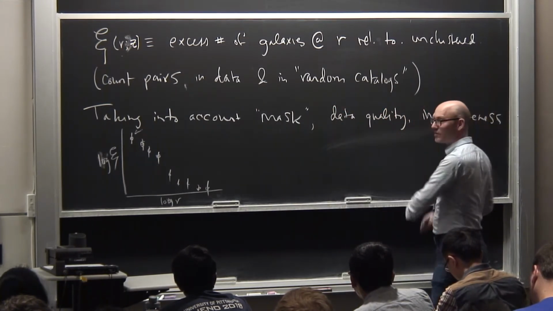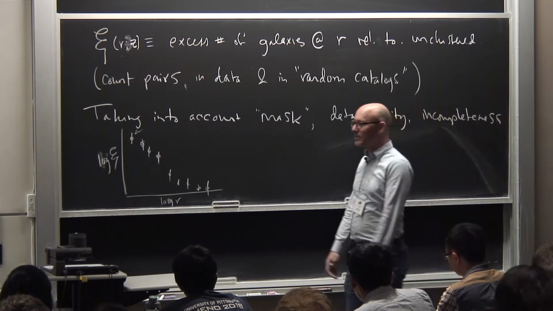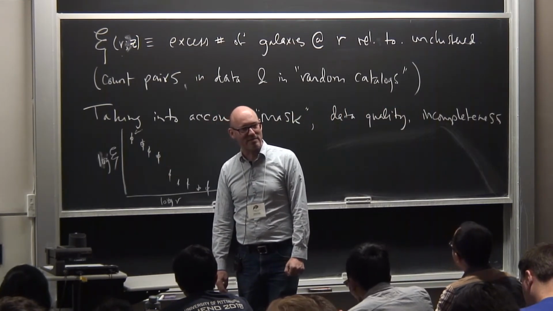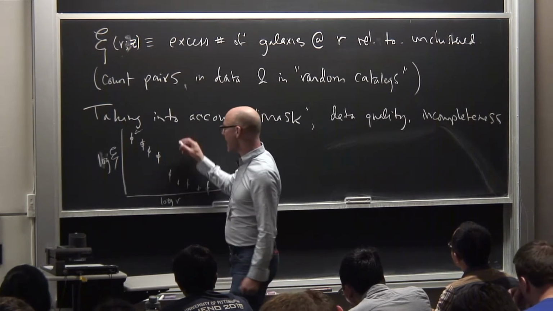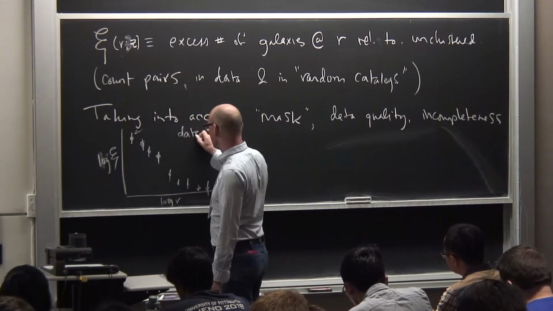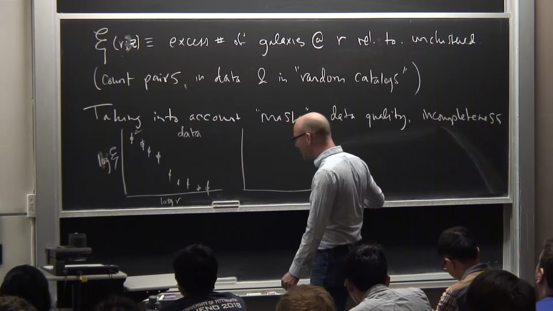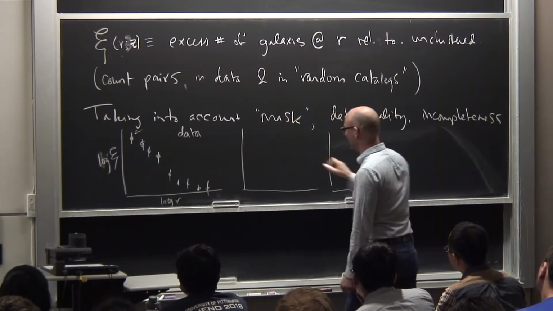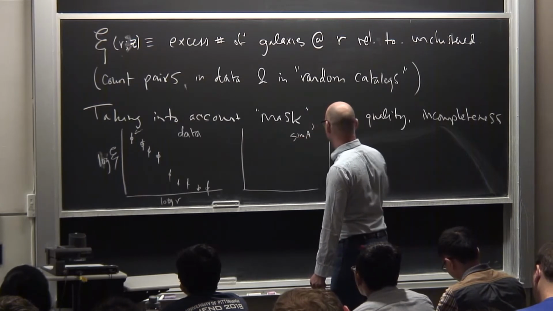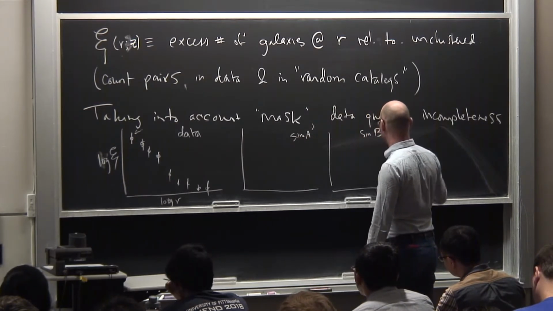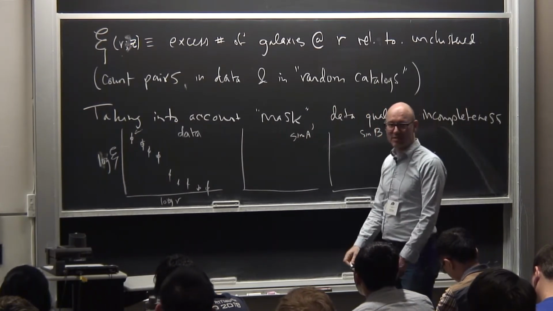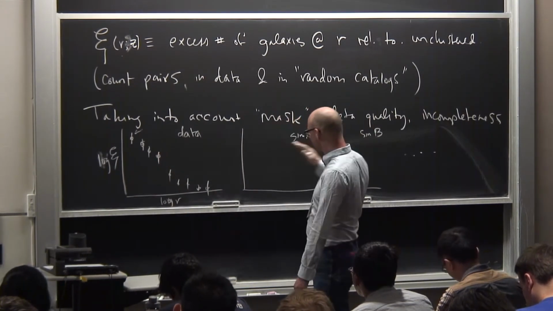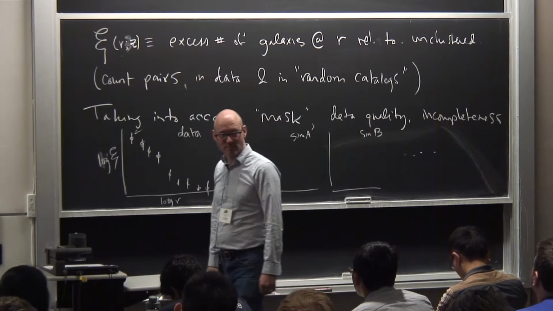We can censor it again with our incompleteness, and then we can make exactly the same measurement from any horrendous simulation. So we have the data here, and then we have the same plot for a bunch of simulations. Simulation A, simulation B, and so on, all the simulations. So we made this data plot, and then we make a set of simulations.